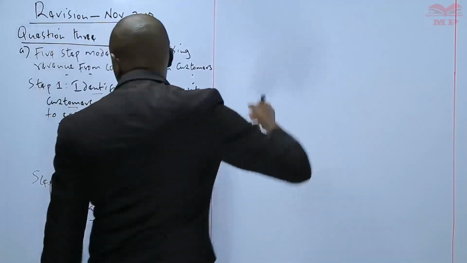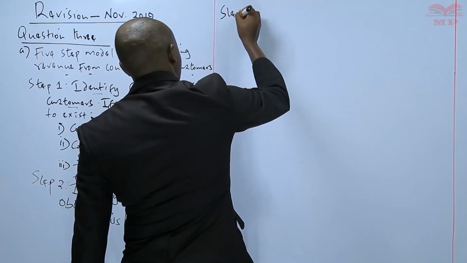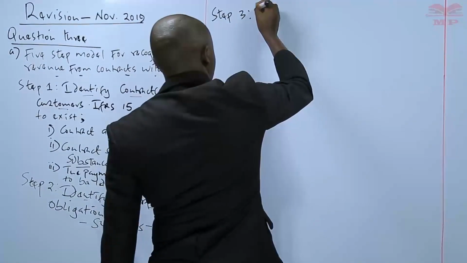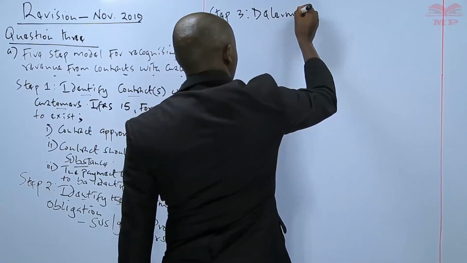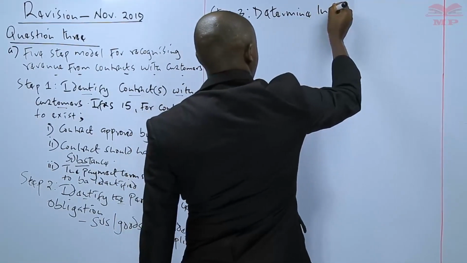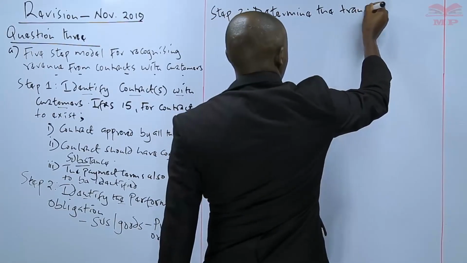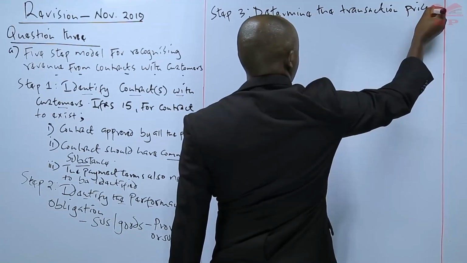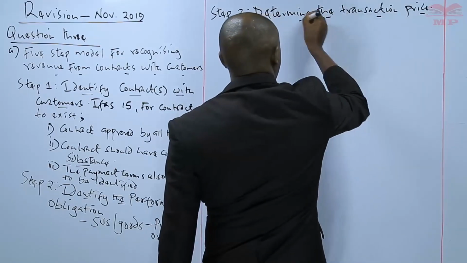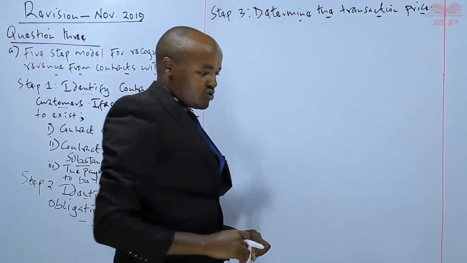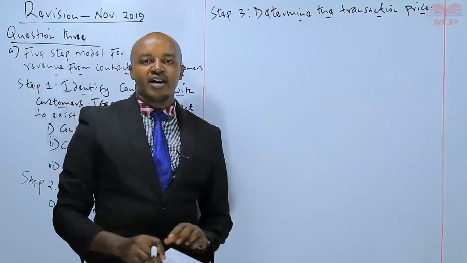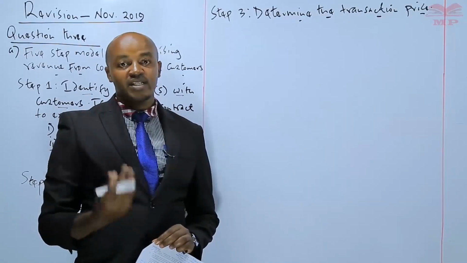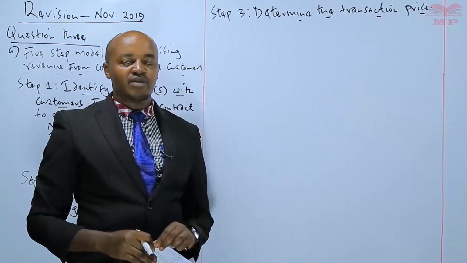Step number 3. Step 3 is basically to determine, a business should be able to determine the transaction price. Now, in our case, when we talk about the transaction price, we are talking of the amount of money a business expects to receive as a result of supplying some goods or services.